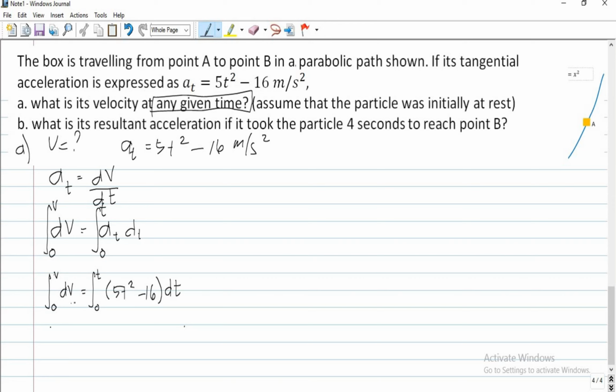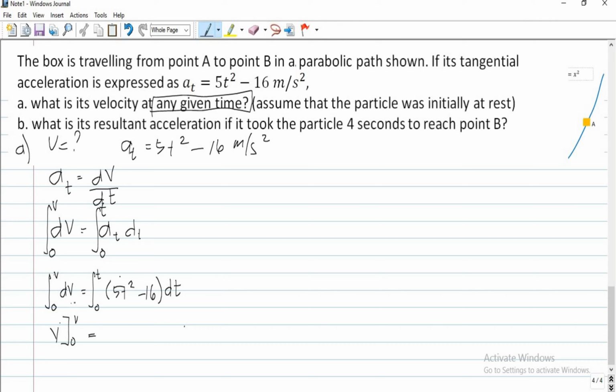Integral of dv is v, and our limit is from 0 to v.